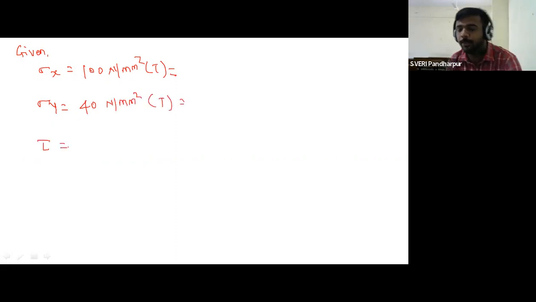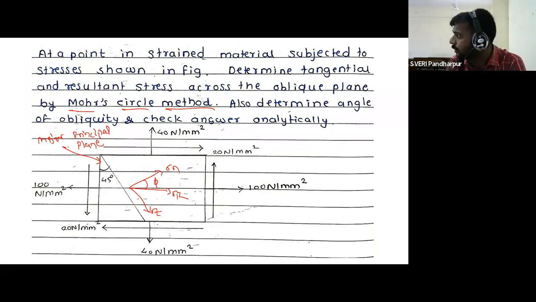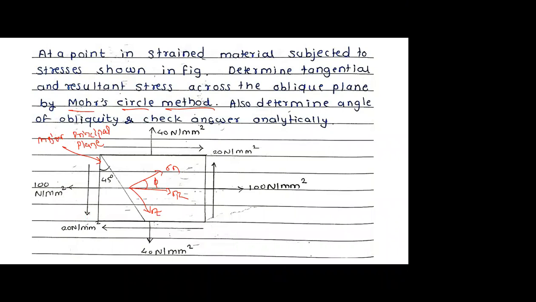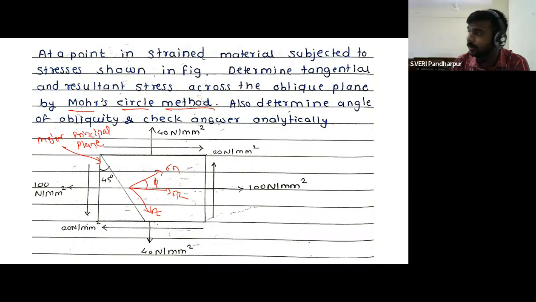Tau is equal to, now please check the shear stress. Which plane have we considered for the sign conventions of the shear stress? Major principal plane. For the major principal plane, is this shear stress rotating anti-clockwise or clockwise? I am not asking about the minor plane.